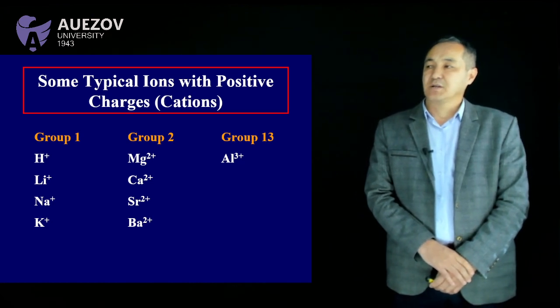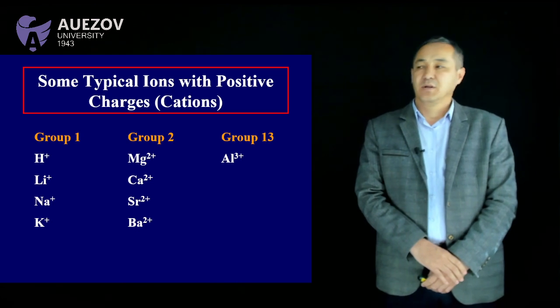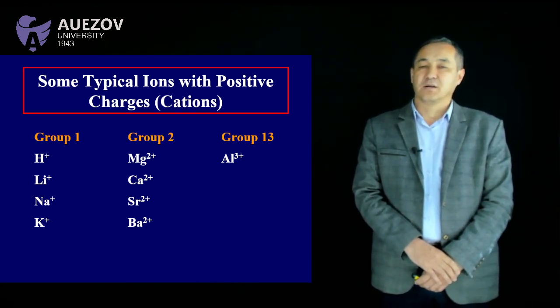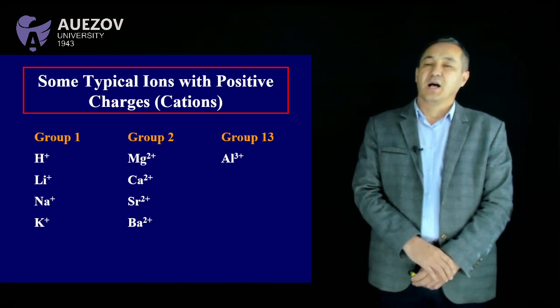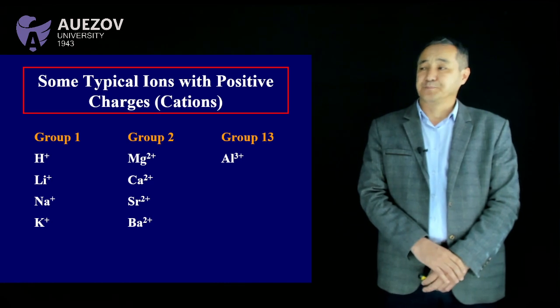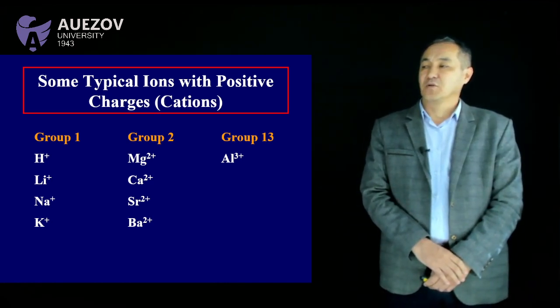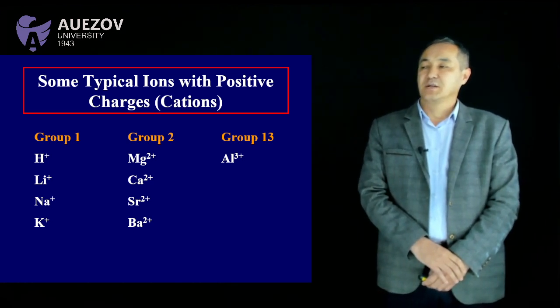And some typical ions with positive charge: for example, we can take several elements of groups 1, 2, and 3.